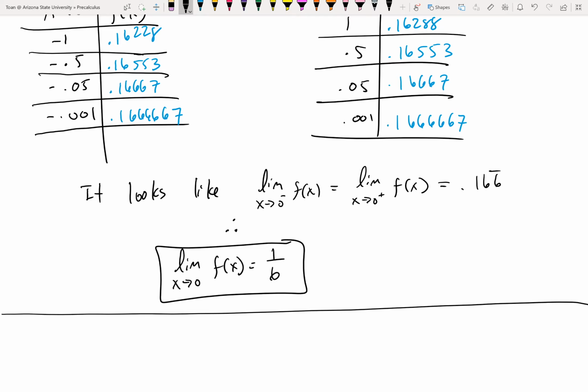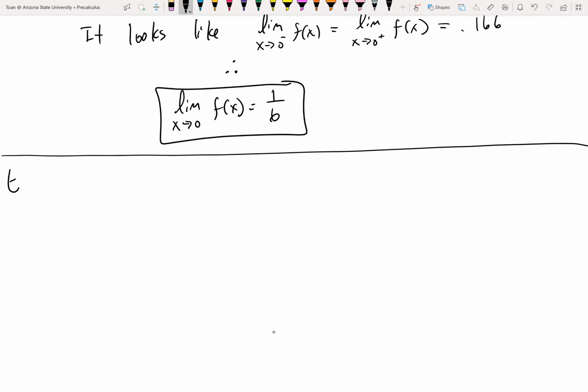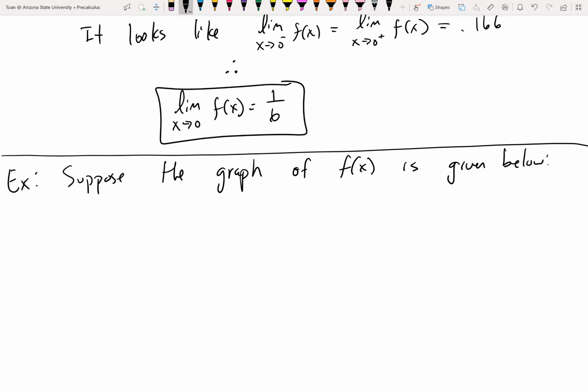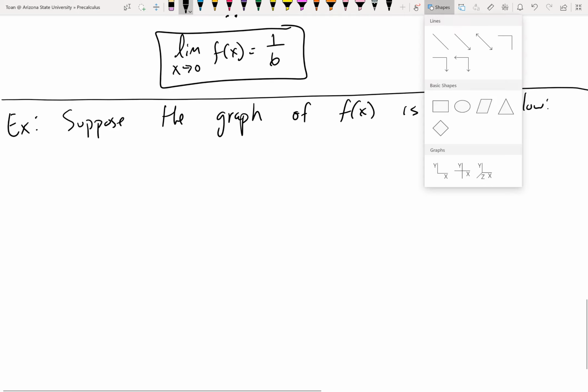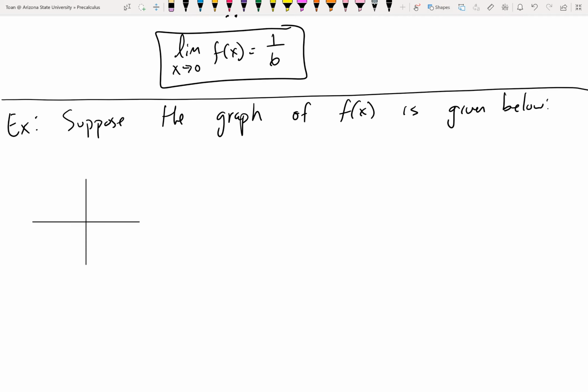So let's go ahead and take a look at this example here. Now, I'm not good at graphing, so bear with me. We're going to have to do some sketching here. Suppose the graph of f of x is given below. Let's try to make it somewhat accurate, it's not going to be perfect.